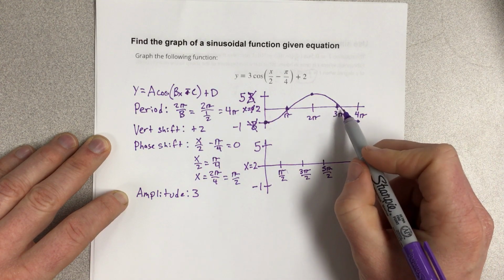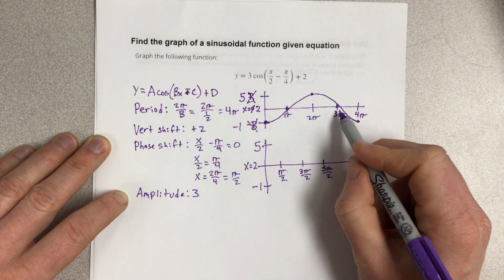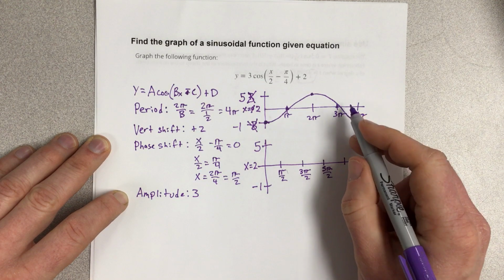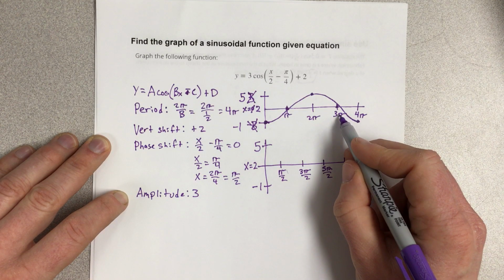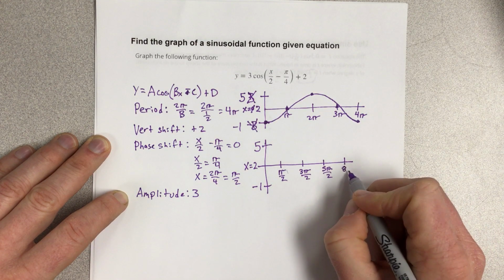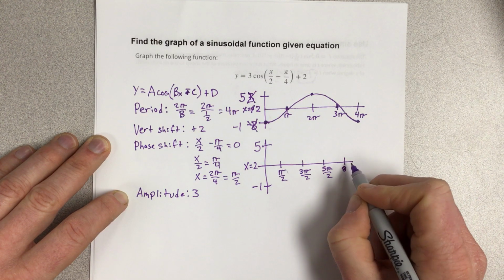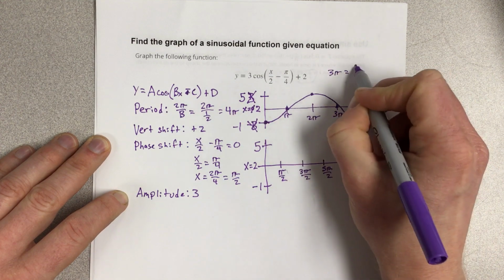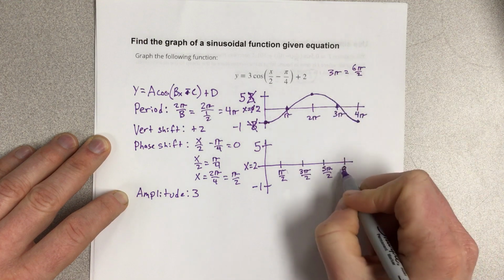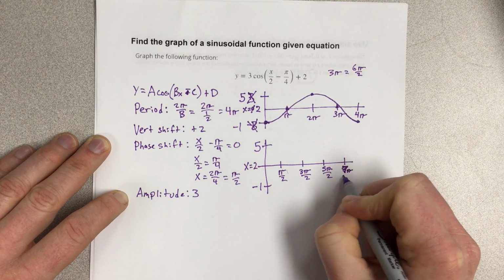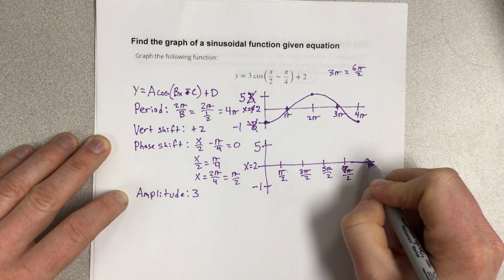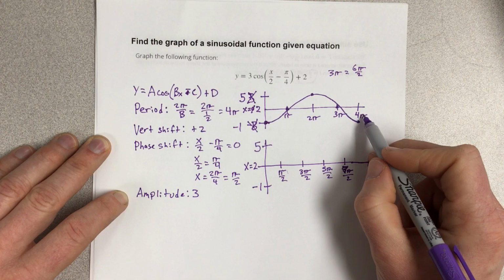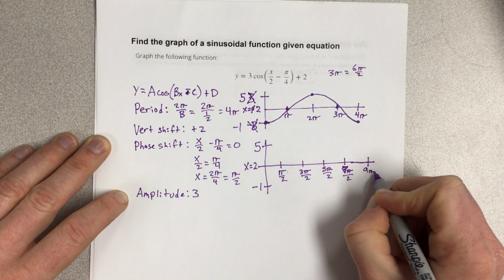And then instead of 3 pi, 3 pi is 6 pi over 2, so it'd be 7 pi over 2. And then finally we add pi over 2 to 4 pi. This would be 8 pi over 2, so this is 9 pi over 2.